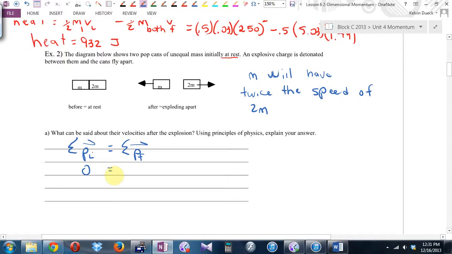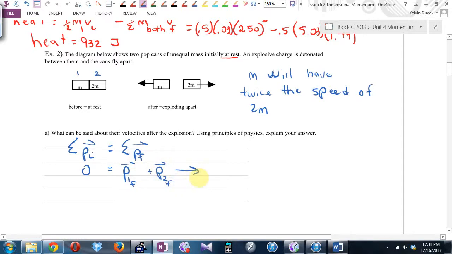Boy, that was a weird pen glitch there. Let's try that again. Let's call this mass 1. Let's call this mass 2 since the 2m has a 2 in front of it conveniently. I guess it's going to be momentum 1 final and momentum 2 final. Or, you know what?